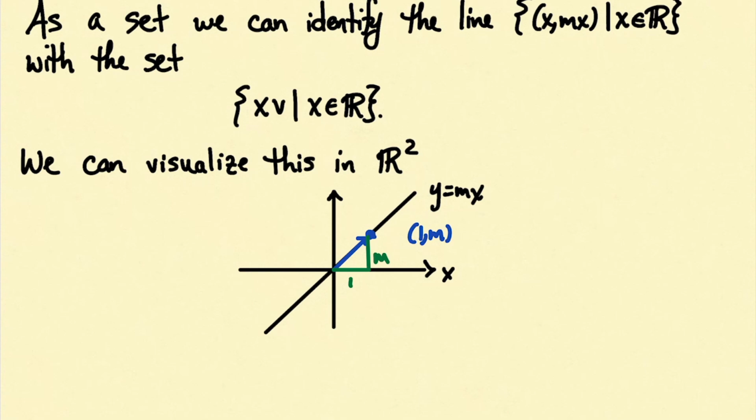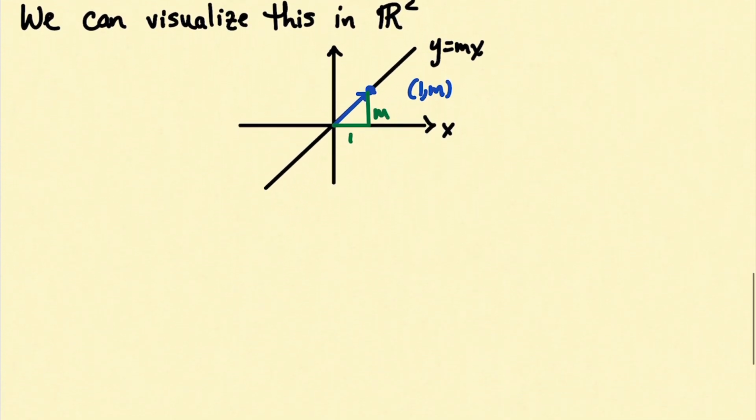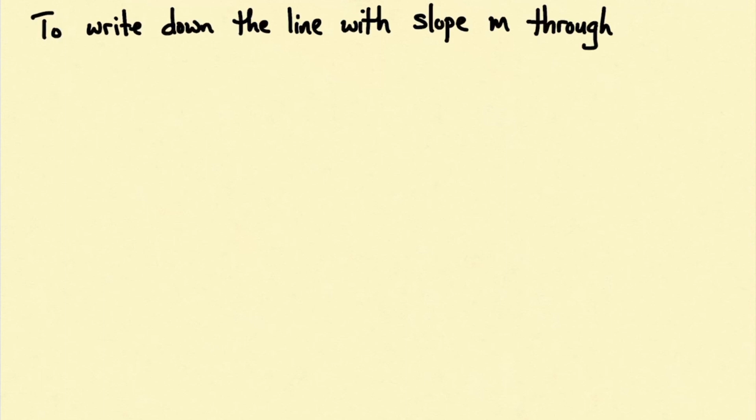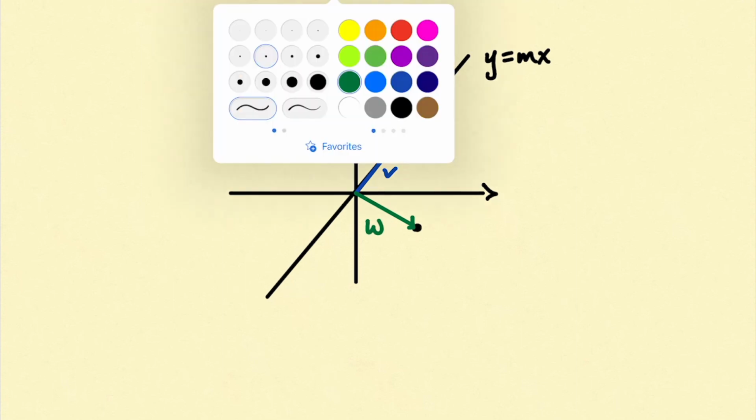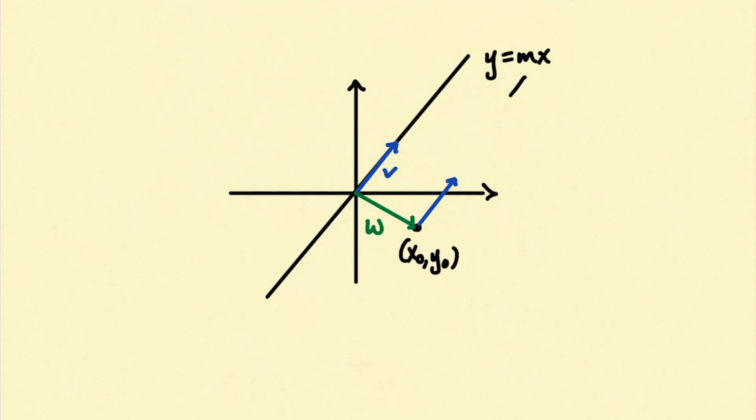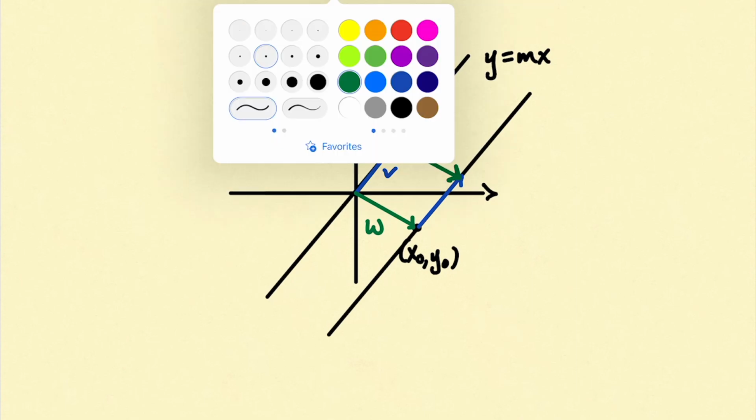So now that we can specify a line with slope m through the origin, we can think about creating a line with slope m through a given point, (x0, y0). The simplest way to do this is to translate the line by the vector pointing at our point (x0, y0). If we think about how we defined vector addition, then we can do this translation geometrically just by drawing a parallelogram.